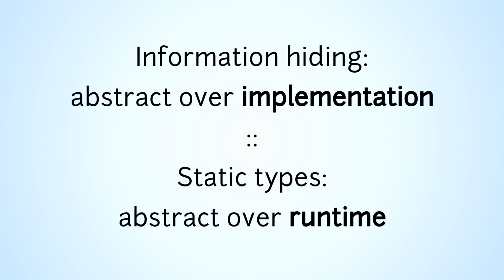But types actually abstract a little bit differently, where you can use types to provide a simplified and intentionally limited model of how the program actually runs. So you're hiding details about the actual semantics of your code, right? So that you can reason about them in a way that's a lot easier than dealing with all of the possible complexity of your running program.